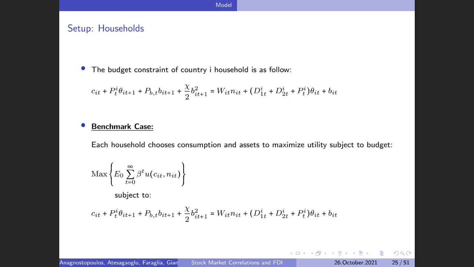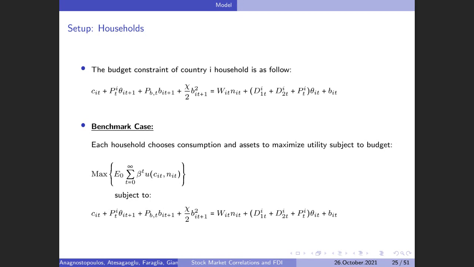I'm not going to explain it in detail, but in the financial autarky case, the bond terms go. There are no Bs here, which means your income is your wage income and stock market investment income, and what you do with that is consume or buy new shares, and that's it. There's no international lending. That's the financial autarky case.